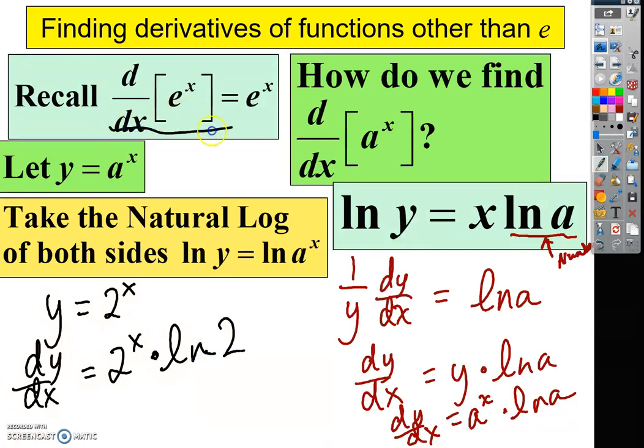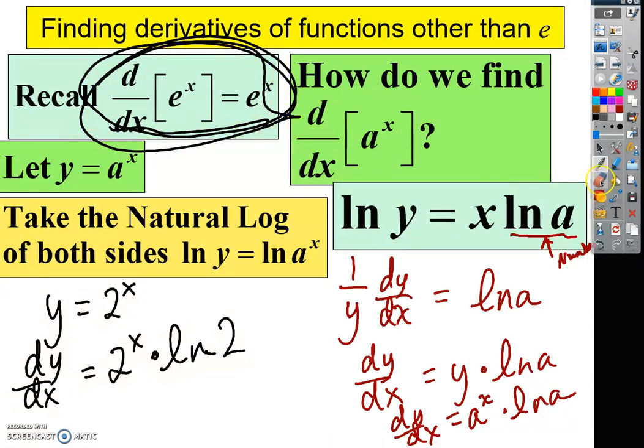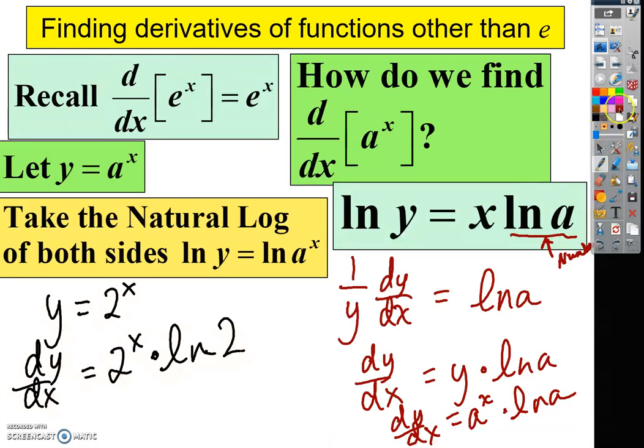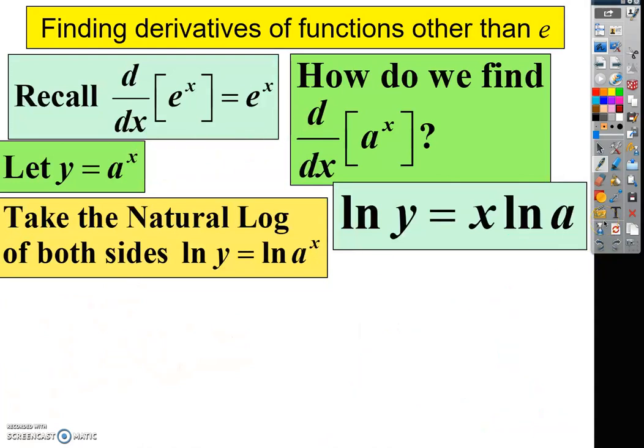And if you think back to this rule up here that we already know, if we said, okay, what's the derivative of e to the x? e to the x times the natural log of e, and the natural log of e is 1, and that's what's happening. So it's the same idea, it's the same concept.